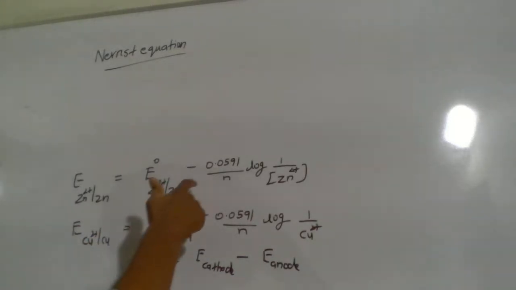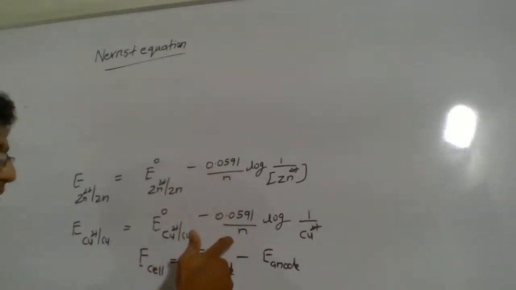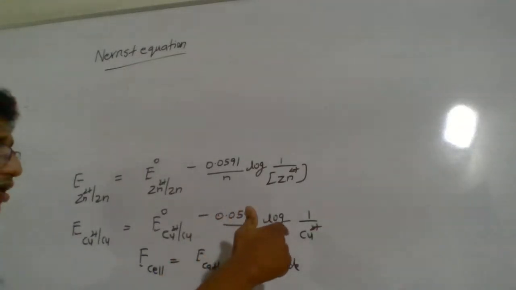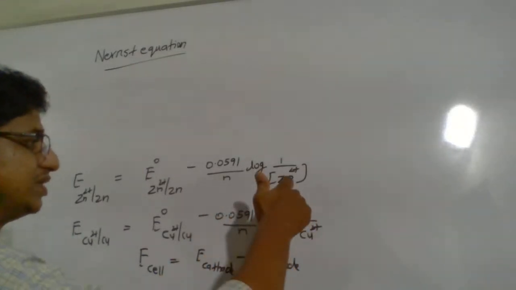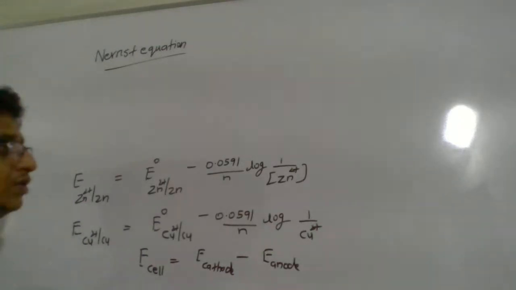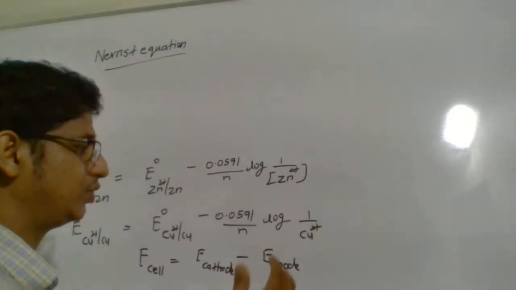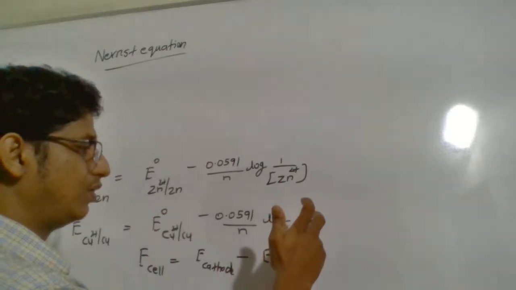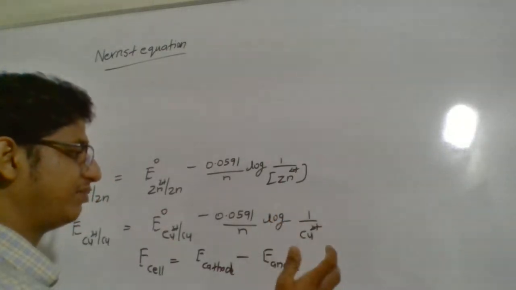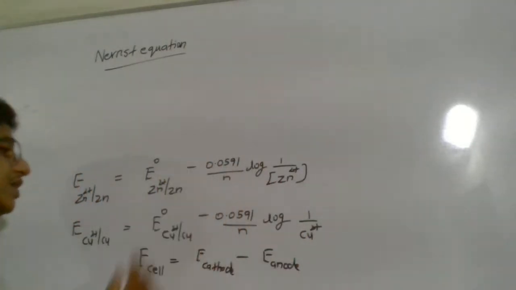Here 0.059 divided by n is common, so we can take it as common, and here log a minus log b should be applied. Log a minus log b is equal to log a by b. So 1 by Cu2+ over 1 by Zn2+, which means Zn2+ will come out.